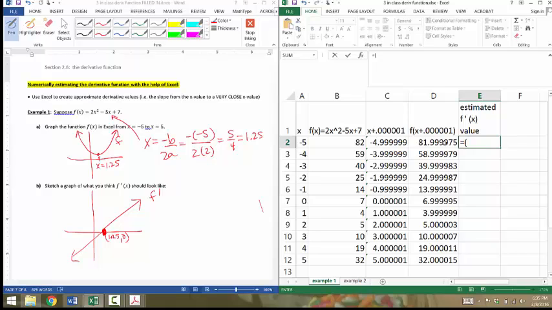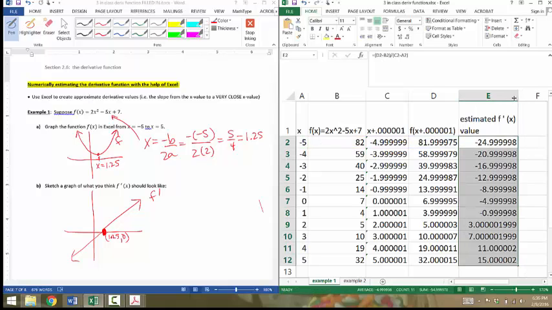So we put parentheses around the change in y, y2 minus y1, divided by parentheses around the change in x, x2 minus x1, and drag it down. Again, adjust your column width and you'll see approximately the derivative here is -25, approximately -21, approximately -17.